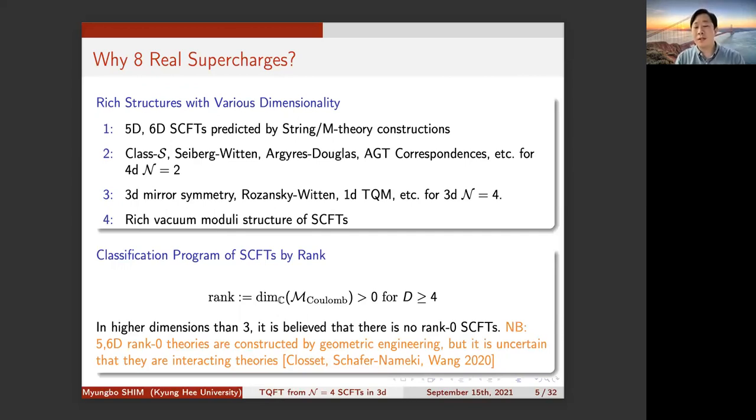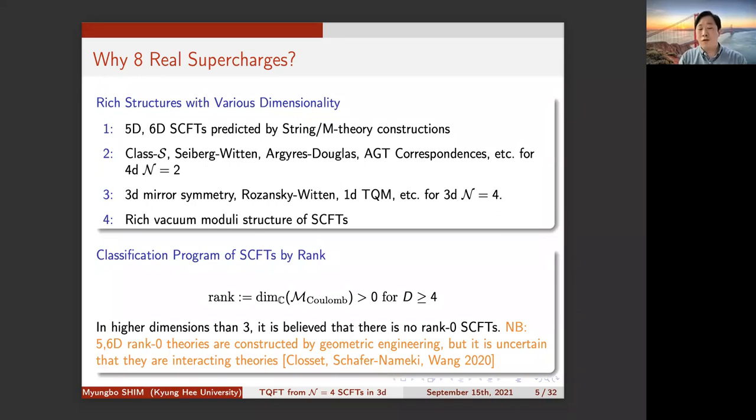Here, one of the natural invariants of the superconformal field theory is called rank. It is defined by the complex dimension of the Coulomb branch moduli space. And in higher dimensions, more than 3, there was no rank-0 theory.